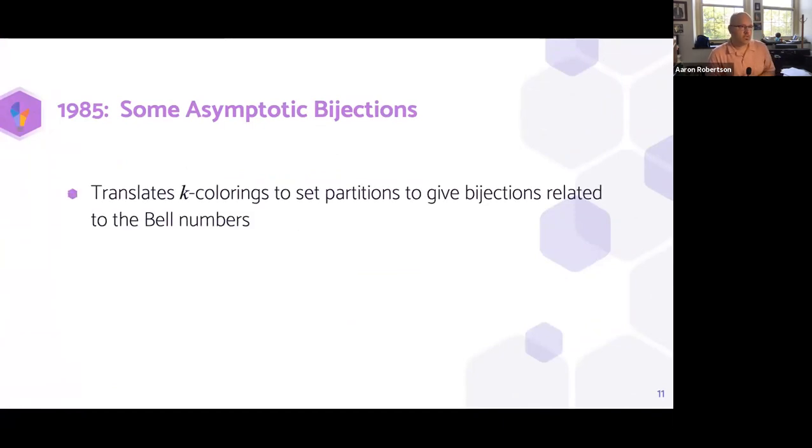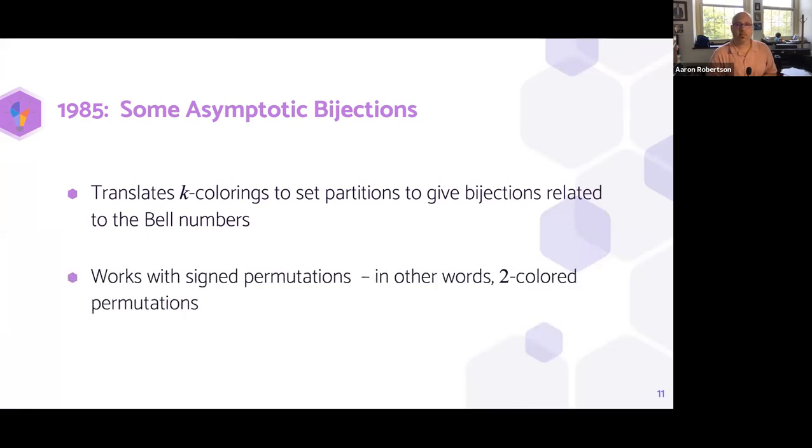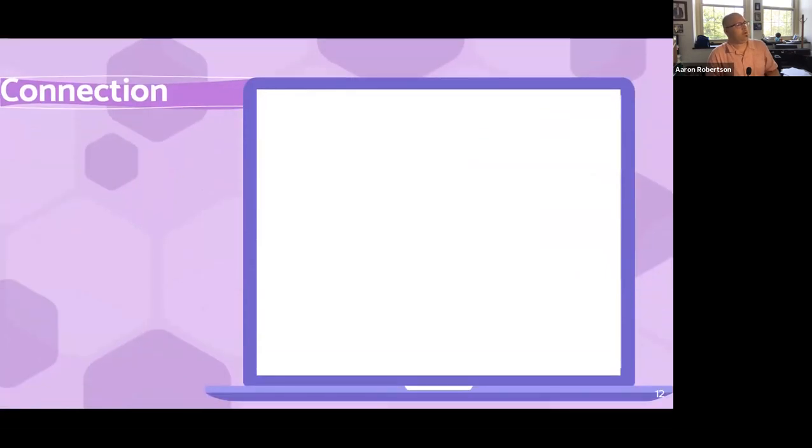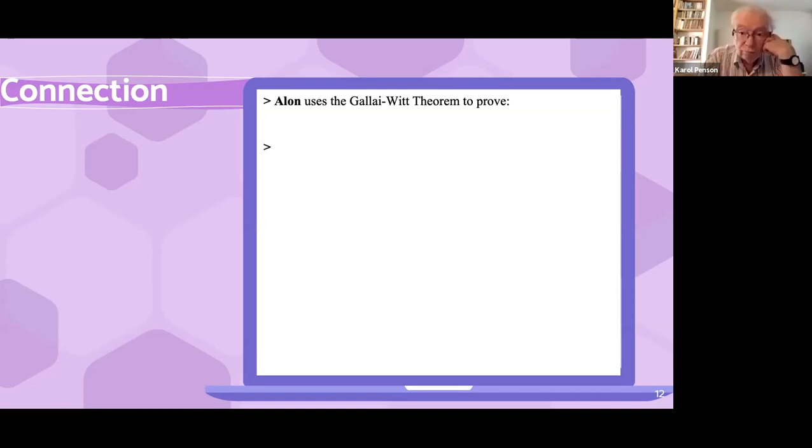Here we have colorings in the paper itself. Looking at it as set partitions, which in Ramsey theory, the colorings are set partitions. And he works with signed permutations. So we've got 2 colorings of permutations. This is a very interesting result from Nogalone, that if you do permutation patterns, which I did a couple of papers on early on, this combines the 2.